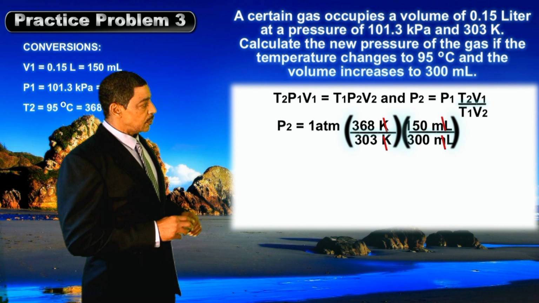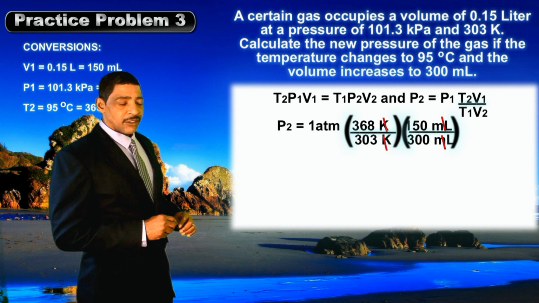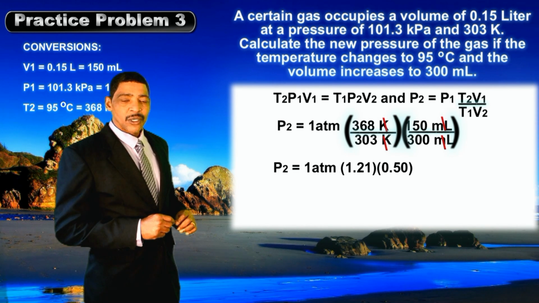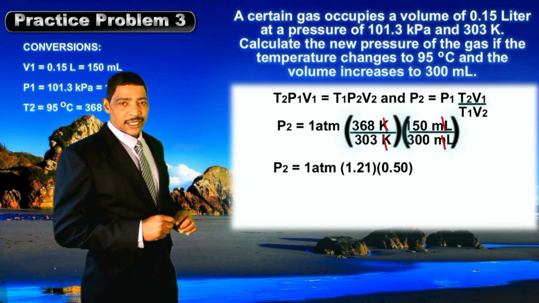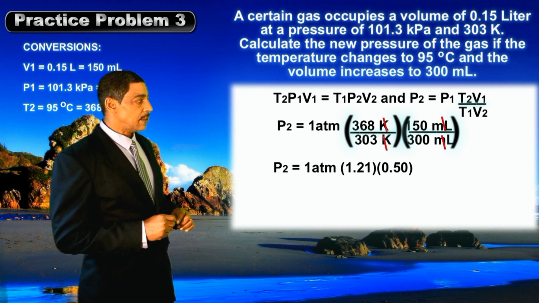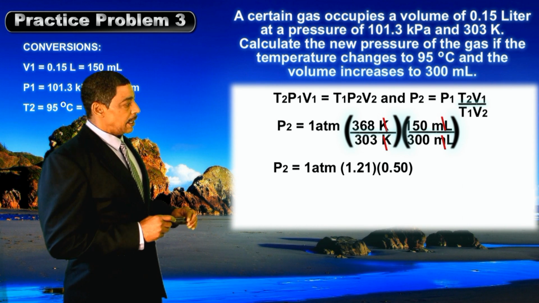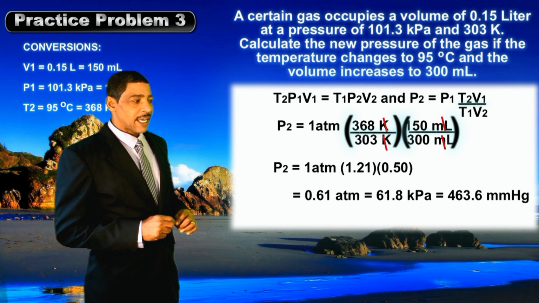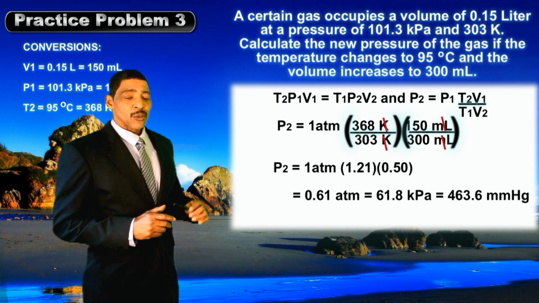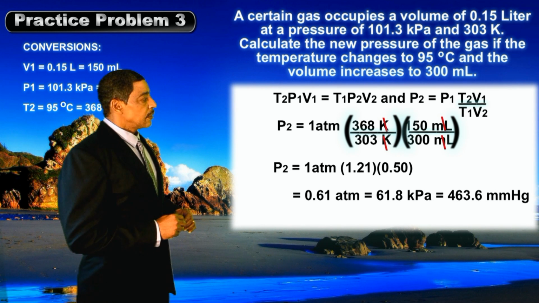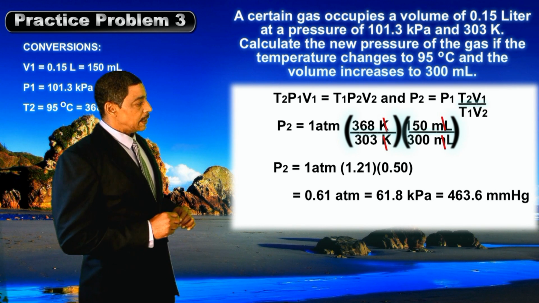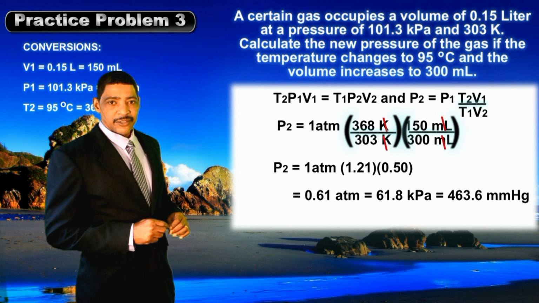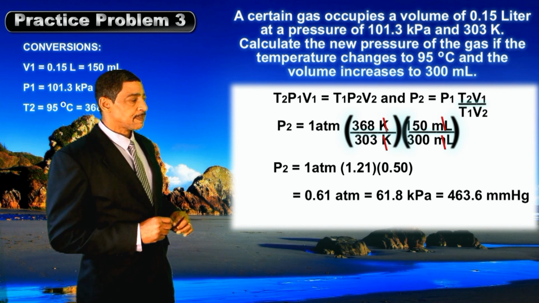At this point, the units will cancel, and P2 will equal 1 atmosphere times 1.21 times 0.50, and P2 will equal 0.61 atmosphere, which will also equal 61.8 kPa, or 463.6 millimeters of mercury.